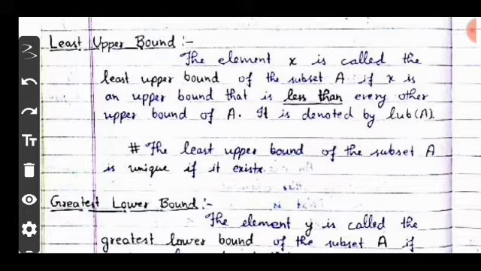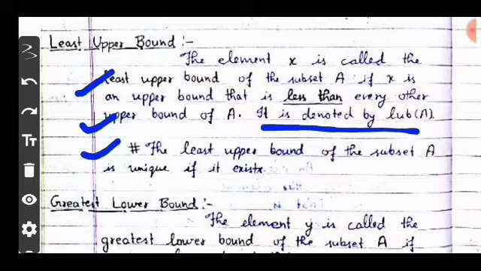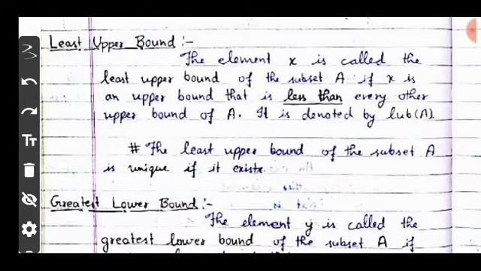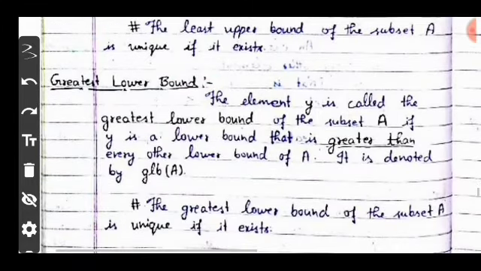An element X is called the least upper bound of the subset A if X is an upper bound that is less than every other upper bound of A. It is denoted by LUB of A. The least upper bound of subset A is unique if it exists.